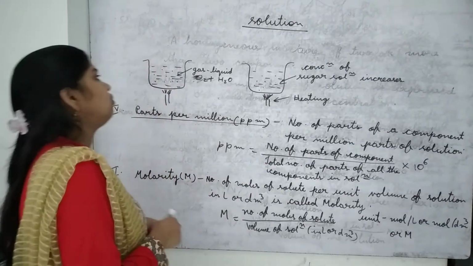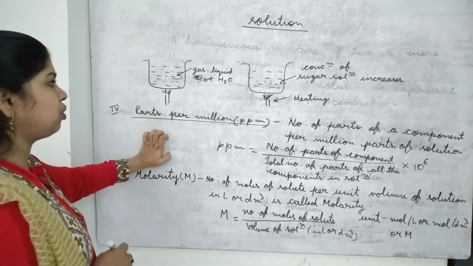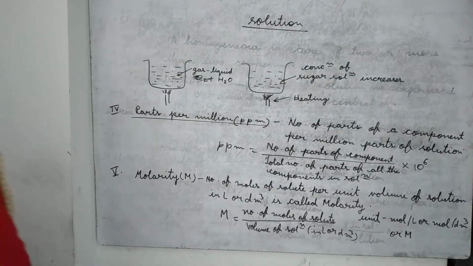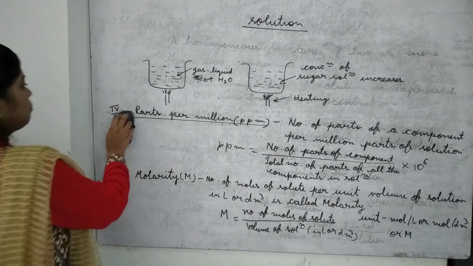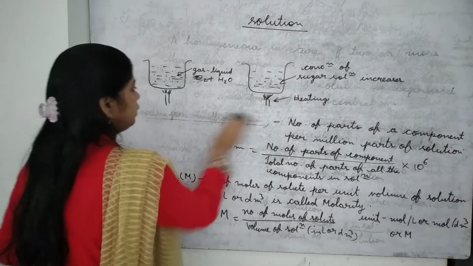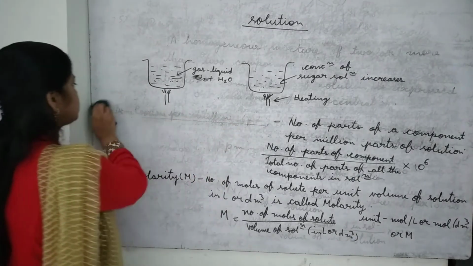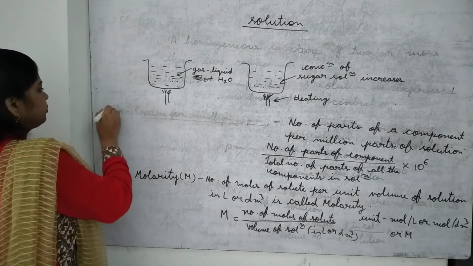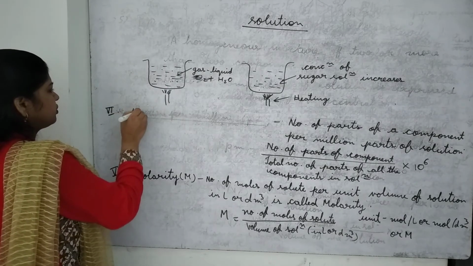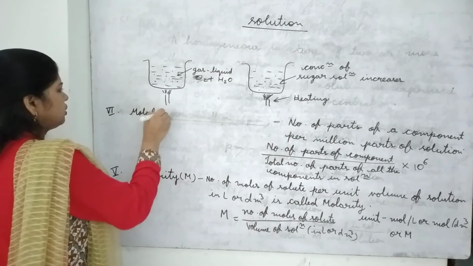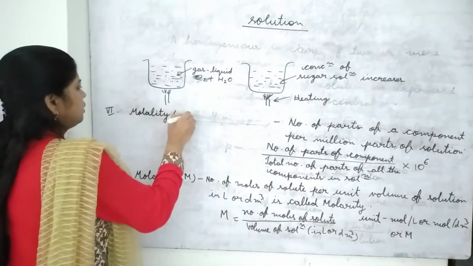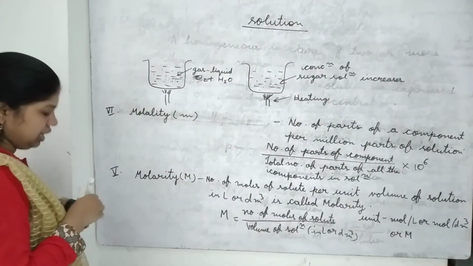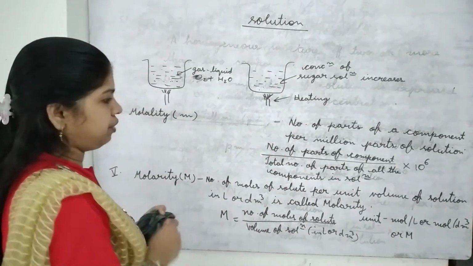Okay? Now after molarity, next concentration term is molality. Molality, its symbol is small m. There is one difference.